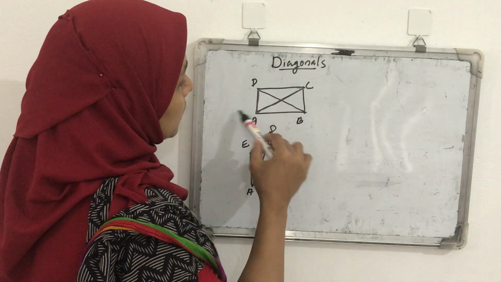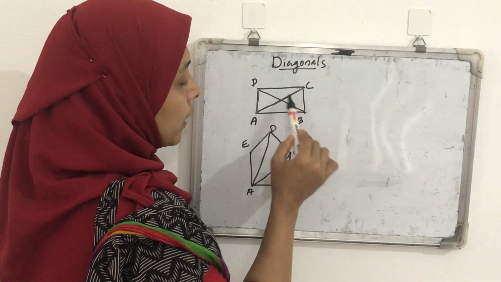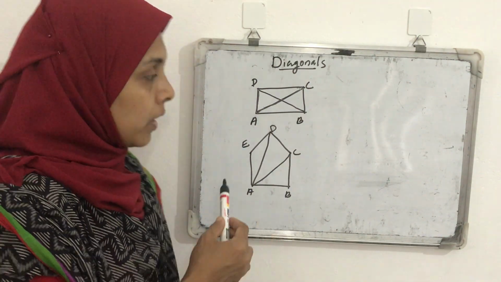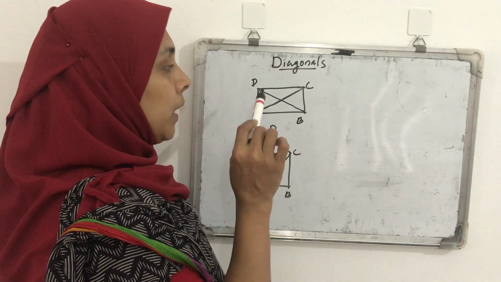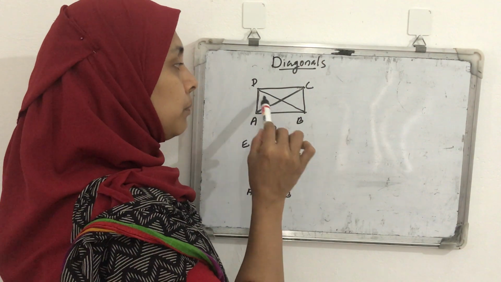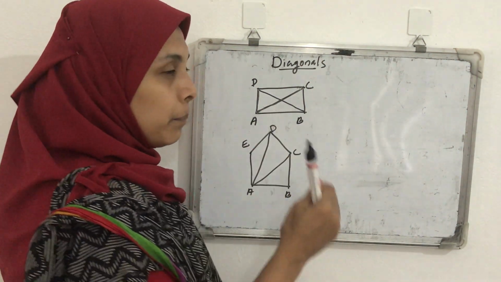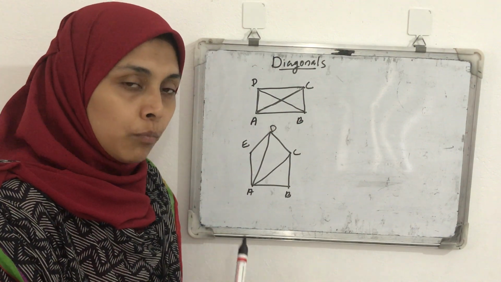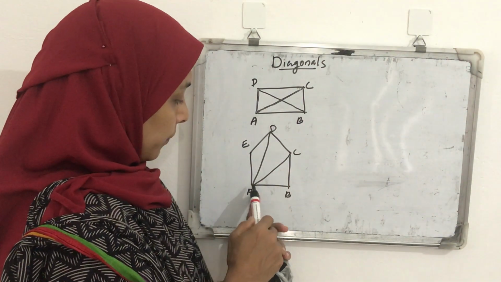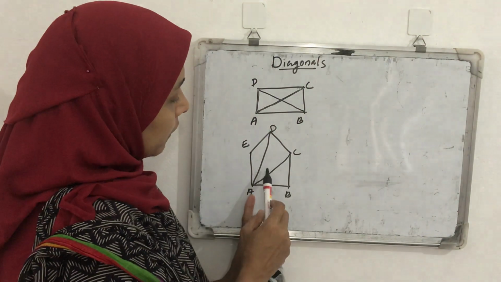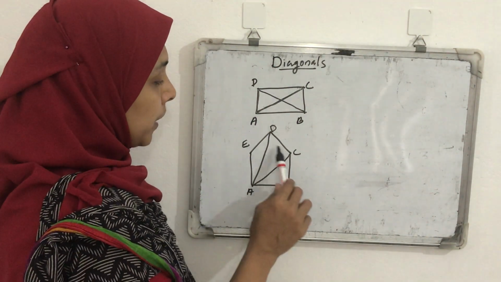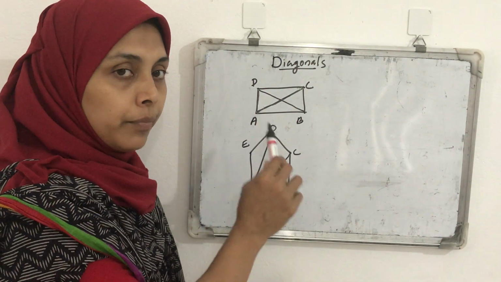These parts are called the exterior part of this polygon, and the inside part is called the interior part of that polygon. So, when we draw the diagonals, the full diagonal lies in the interior part of the polygon. In this case also, we draw two diagonals, and both are in the interior part of this polygon.